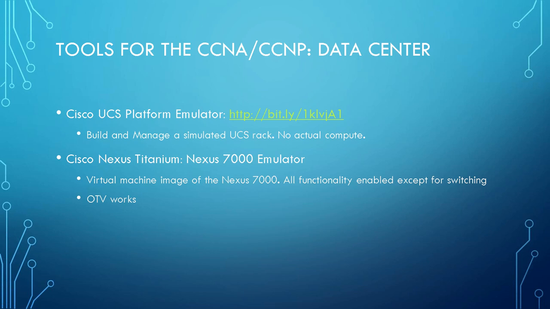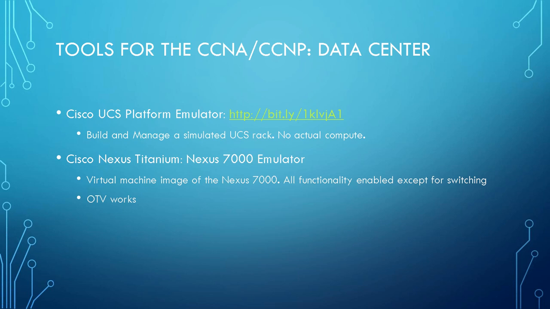The second, this goes back to another, I believe it's a Cisco internal-only use product, the Cisco Nexus Titanium. This is a Nexus 7000 emulator. This runs as a VMDK file on an ESXi box. It's a full emulation of the 7K. Aside from some switching, it goes back to the same reasons that you have your switching problems with the Catalyst, with the chips.